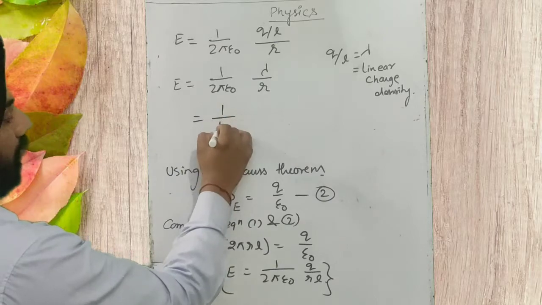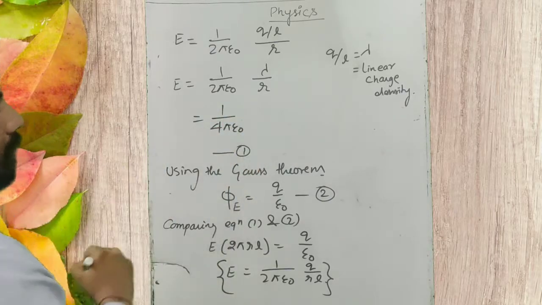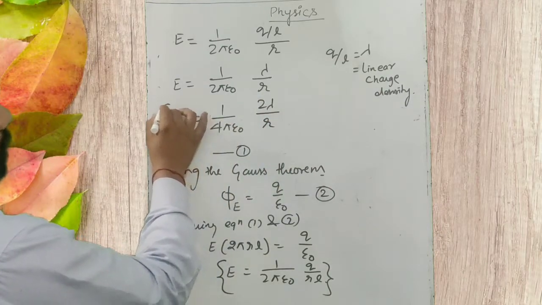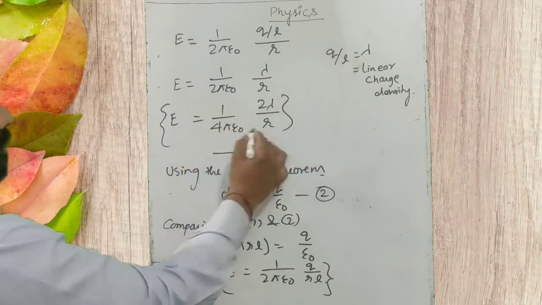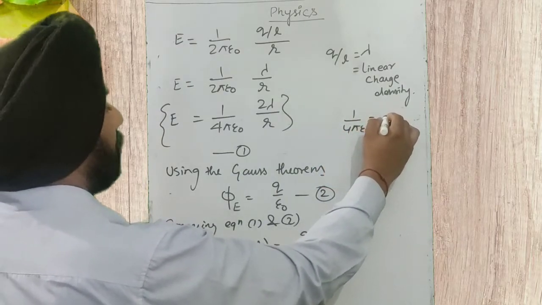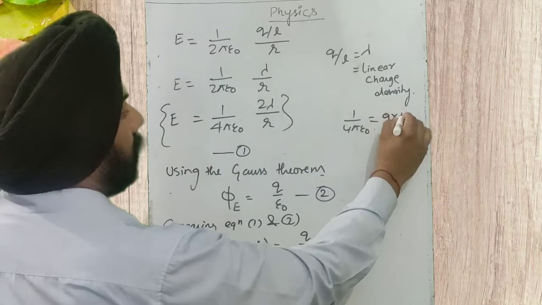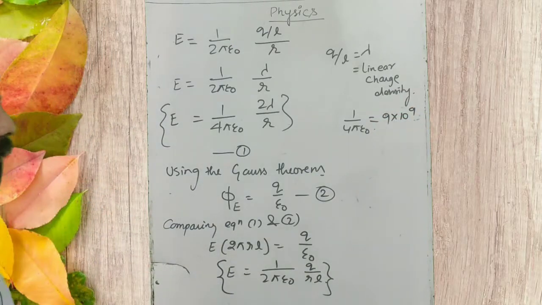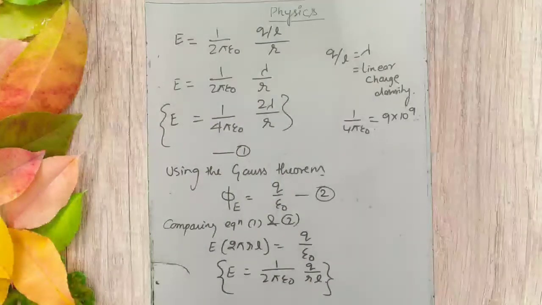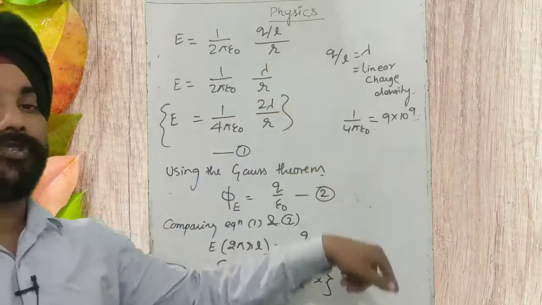It can be written as 1 upon 4 pi epsilon naught, and it will be 2 lambda upon r. This value 1 upon 4 pi epsilon naught, from the first chapter in Coulomb's law, was 9 into 10 to the power 9. So it becomes a little simpler to calculate the electric field due to the line charge.